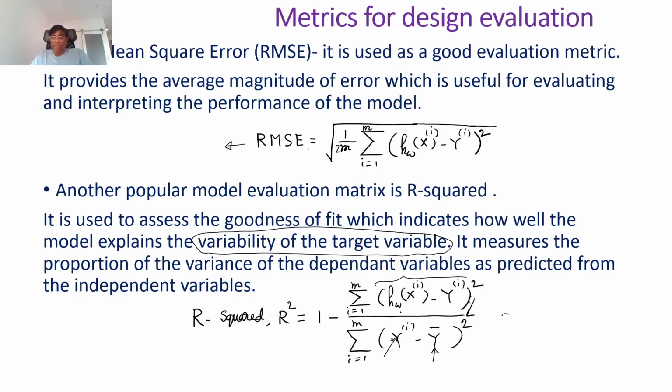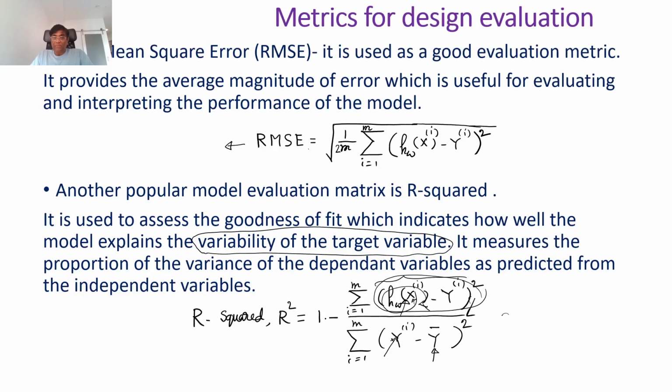You have a dependent variable, you have designed your W, and X are the features, and based on your design, this is manifested. If this design is bad, then this will be more.